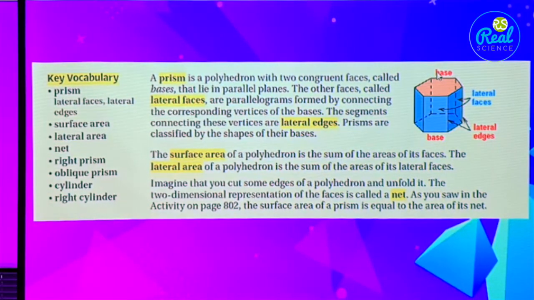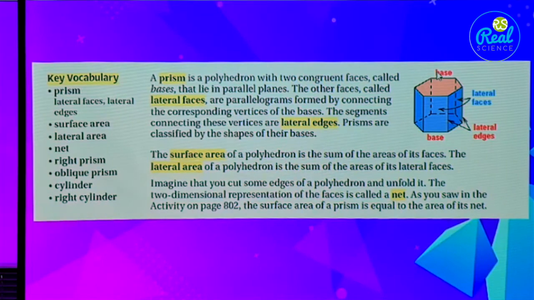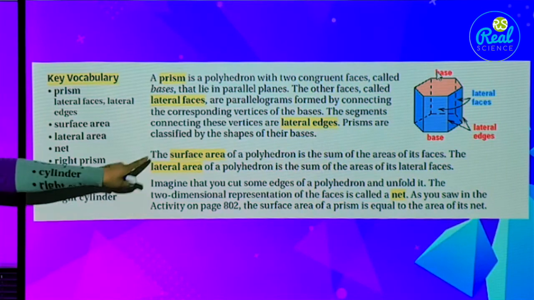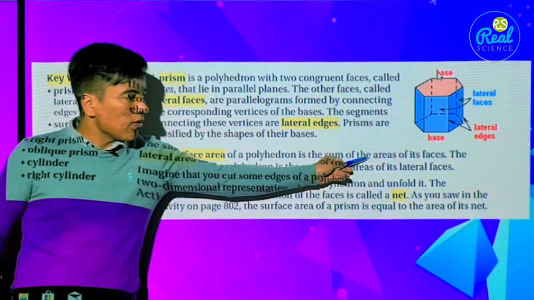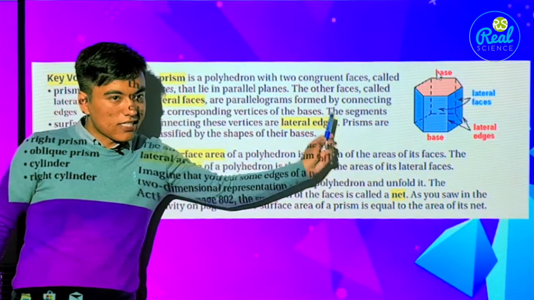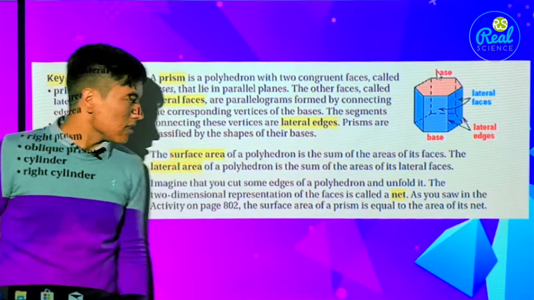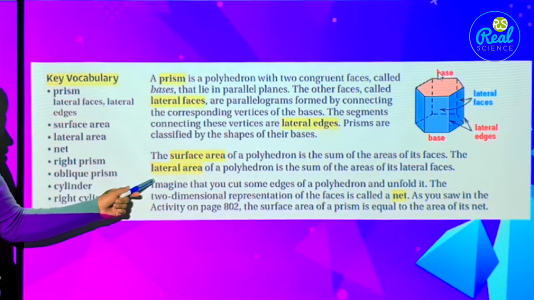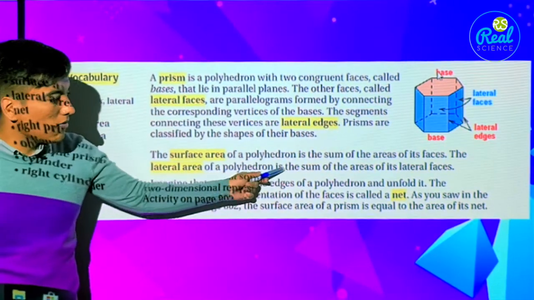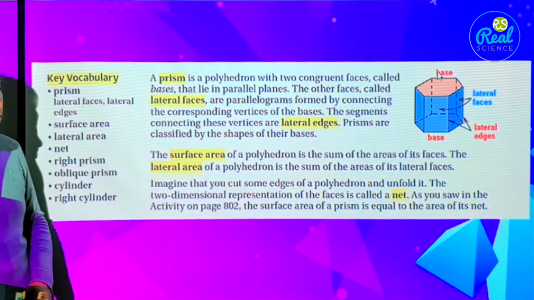Prism. A prism is a polyhedron. We define it. You can see here the surface area of a polyhedron is the sum of areas of its faces. The lateral area of a polyhedron is the sum of areas of its lateral faces.